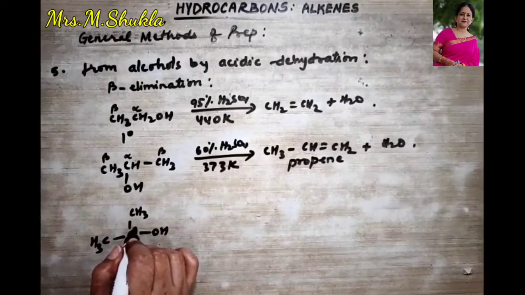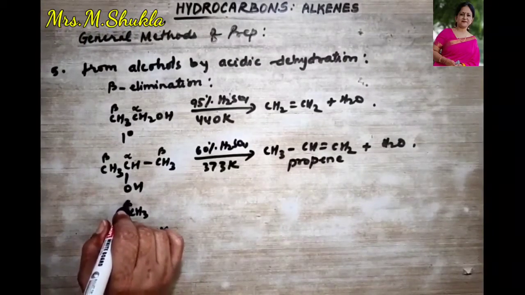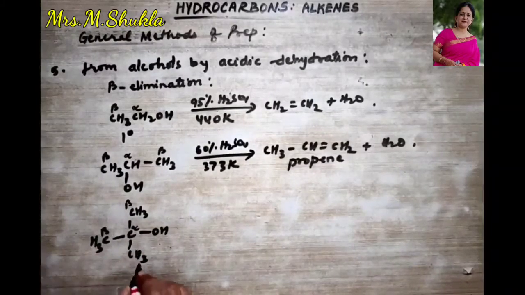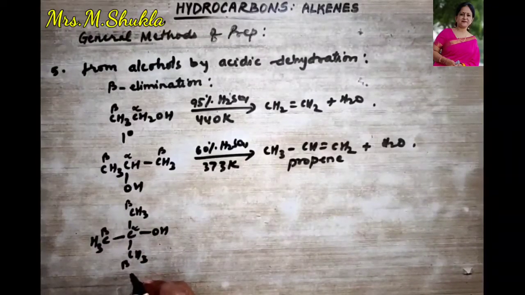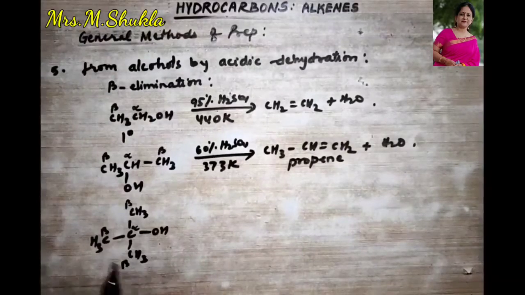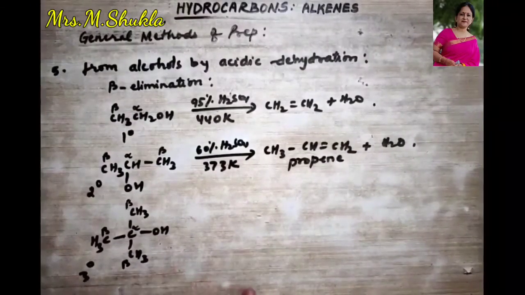This is your alpha carbon atom, this is your beta carbon, this is your beta carbon, and this is also your beta carbon, right? So what is the name of this compound? 2-methylpropan-2-ol. This was your secondary, and this is your tertiary alcohol.